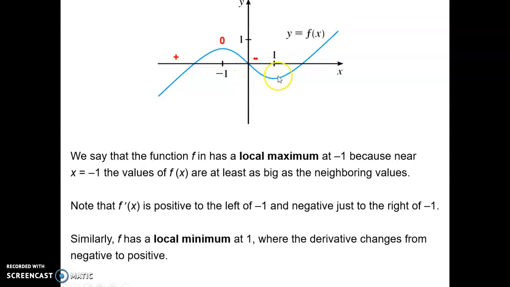Similarly, at x equals +1, the derivative changes from negative to 0 at this local minimum, and then positive again on the other side. We'll talk more about this when we get to chapters 3 and 4, but for right now we're just noticing that the derivative is changing sign around the local maximum and the local minimum point.